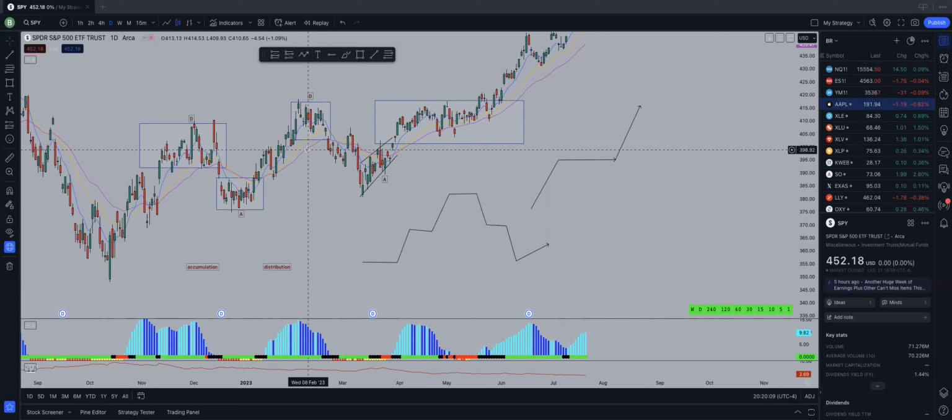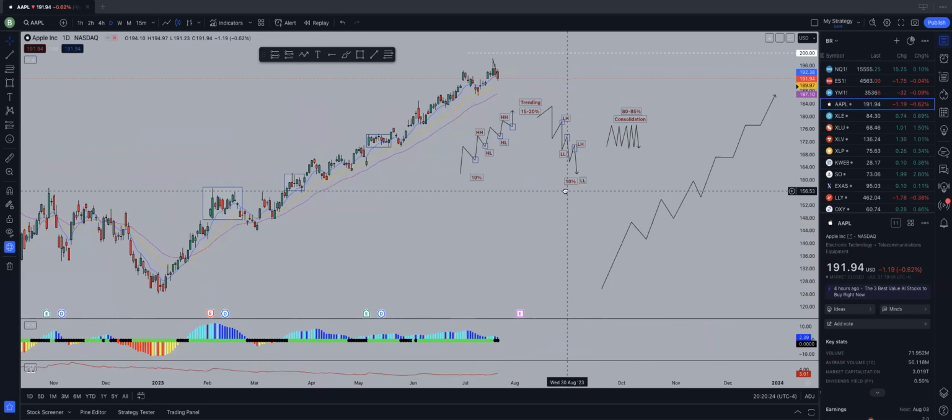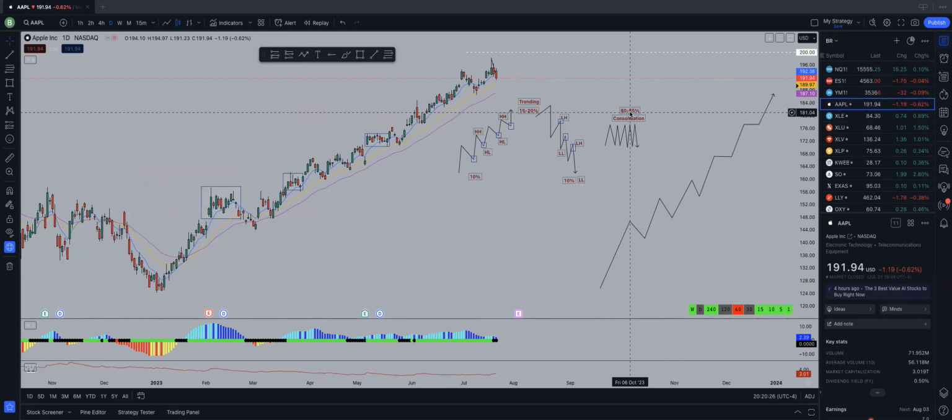The whole point is you're looking for what people call on Twitter, quote unquote, chop. That's what we're looking for. You're looking for these periods of time where there's no direction, because when we see this chop, we are in this period 80 to 85% of the time that it happens. And what you do is, now you've got to figure out where it's going to go next.